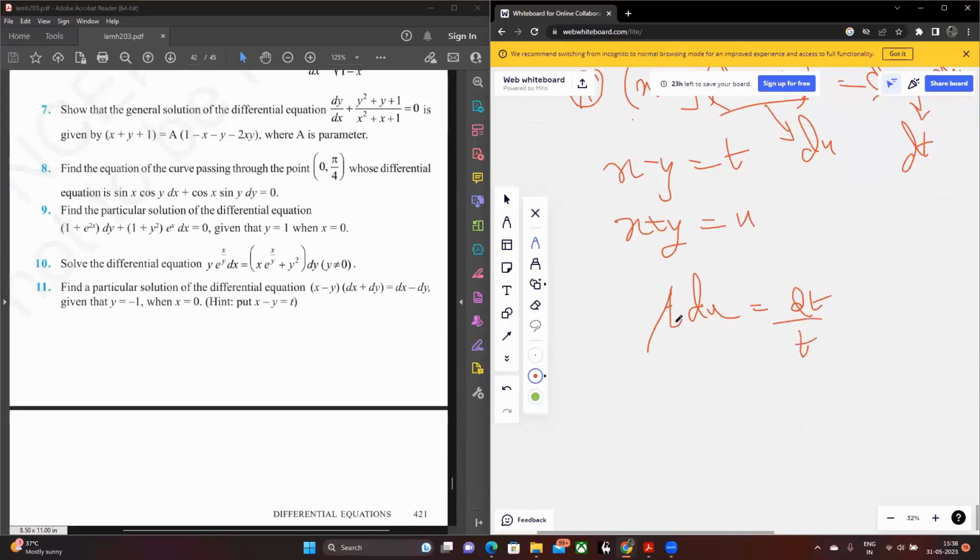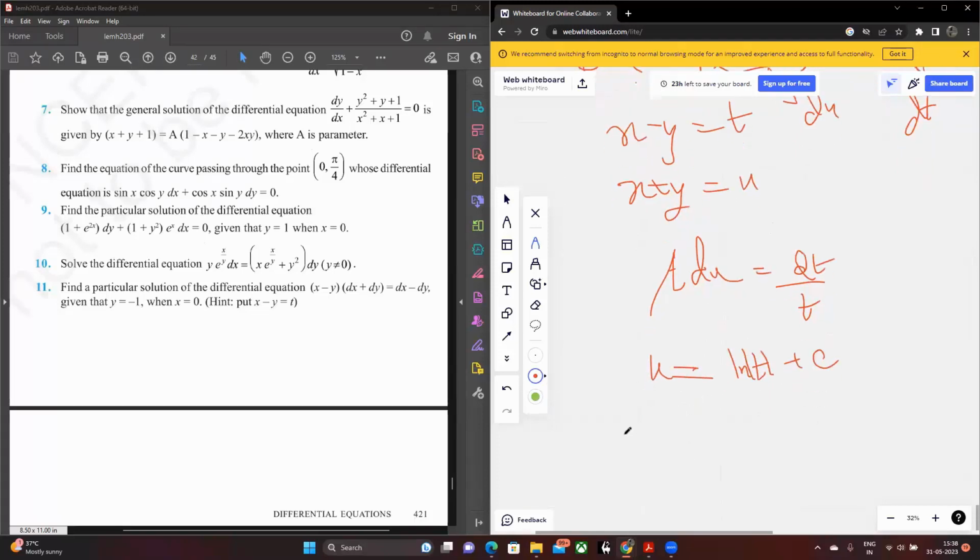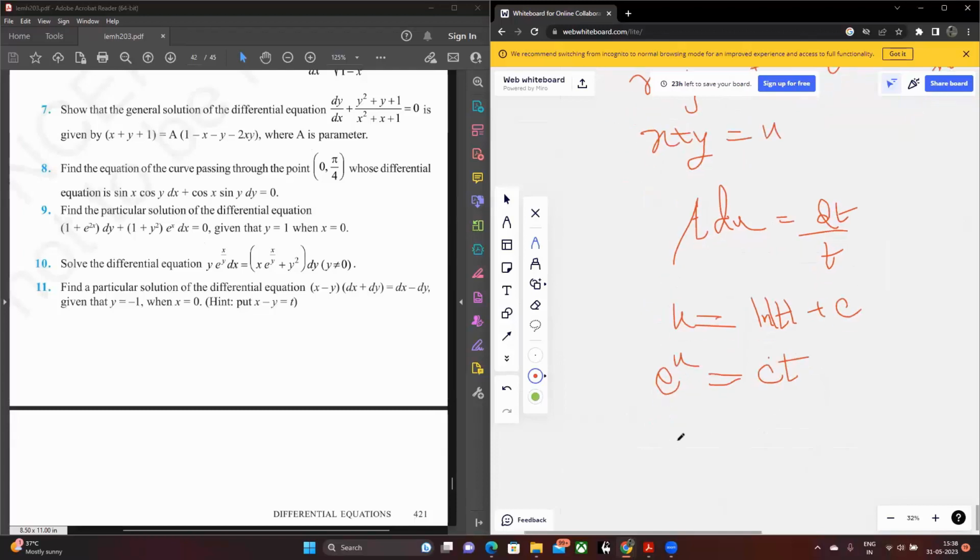So this becomes du equals dt by t. Integrating on both sides, you basically have u is equal to ln mod t plus c, or basically e power u is equal to c times t, or e power x plus y is equal to c times (x minus y).